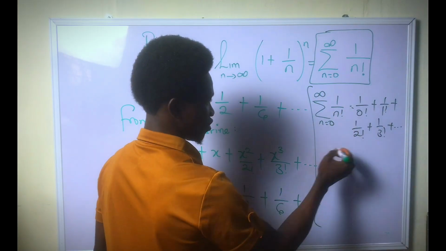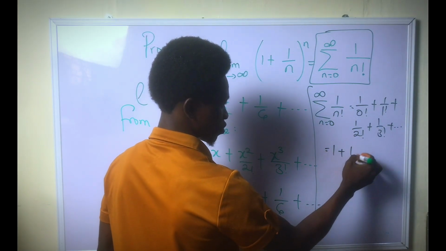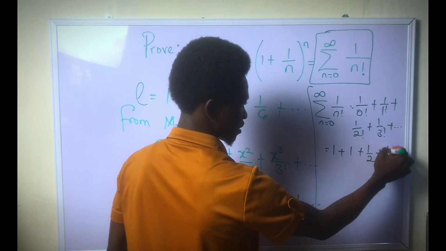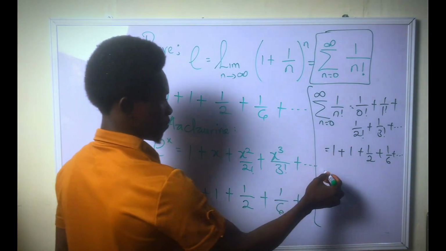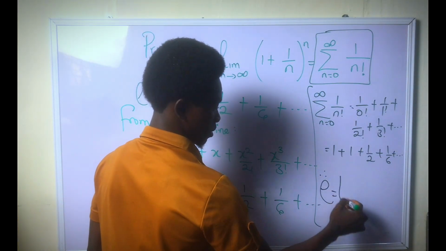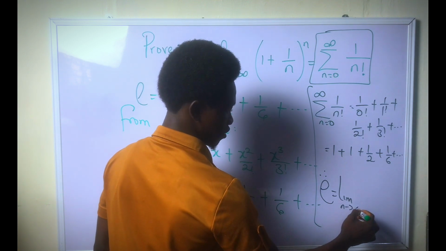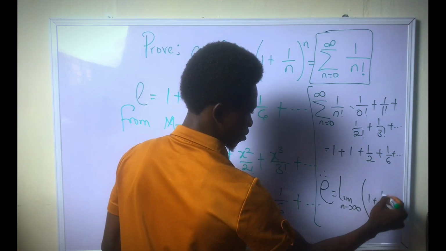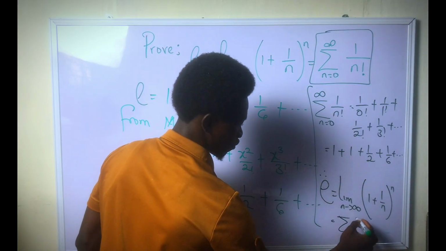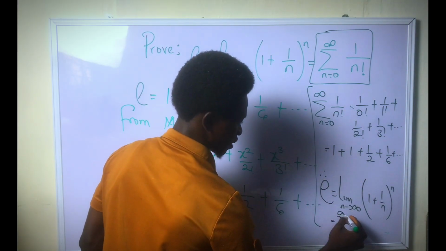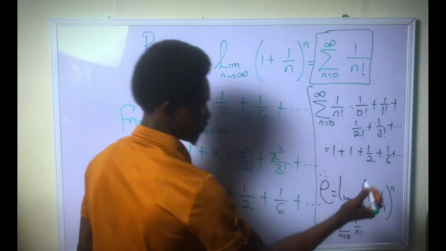So 0 factorial is still 1. So that's going to be 1 plus 1 plus 1 over 2 plus 1 over 6, and we still have our e. So therefore, e is equal to the limit as n tends to infinity of 1 plus 1 over n to the power of n. Or you can say it is the summation of 1 over n factorial, but it has to start from 0 and go to infinity.